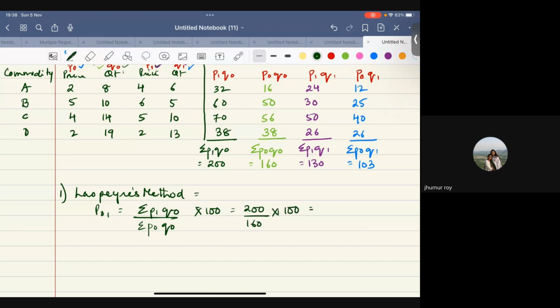So this will come to 125. Yes. So you will say there is a 25% increase in the prices.